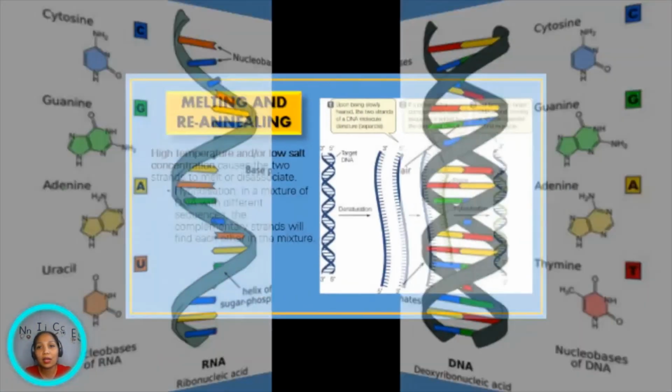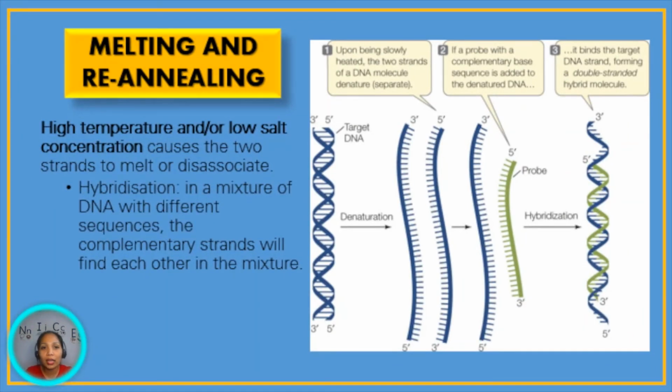On the other hand, high temperature and or low salt concentration causes the two strands to melt or dissociate. When DNA is introduced to a high temperature, it denatures the DNA molecule, separating the two strands apart, and it allows the insertion of a probe with a base complementary to the denatured DNA.